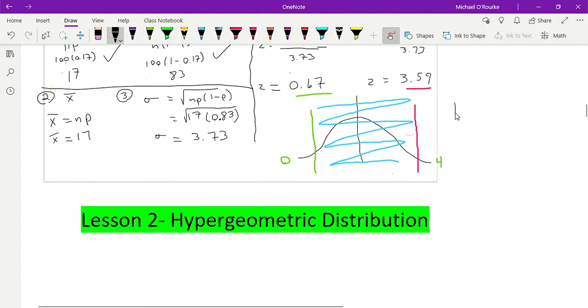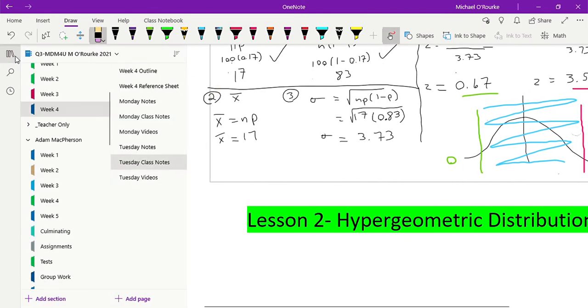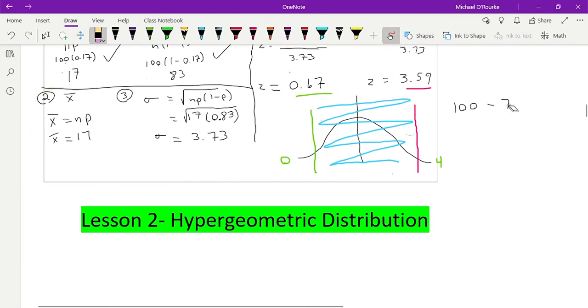Our two numbers were 100 and what? 72%? I believe that was what it was. All right. Therefore, the probability, the number between there, was that 28%? Right?